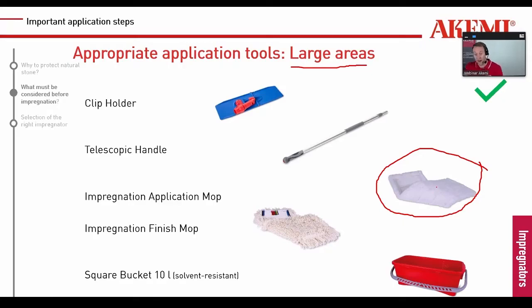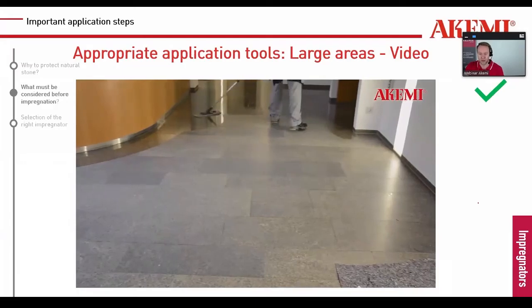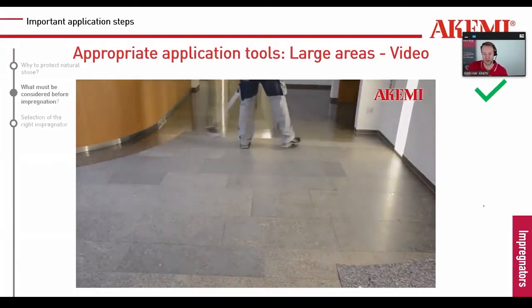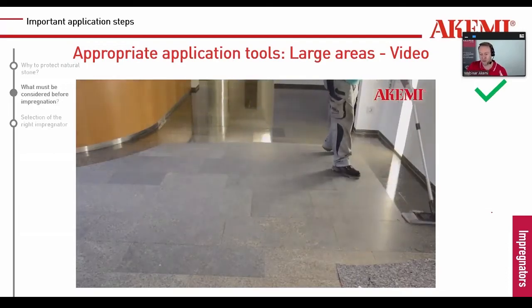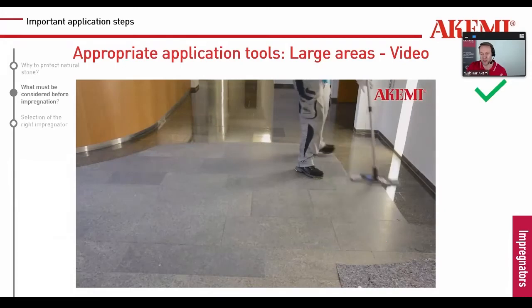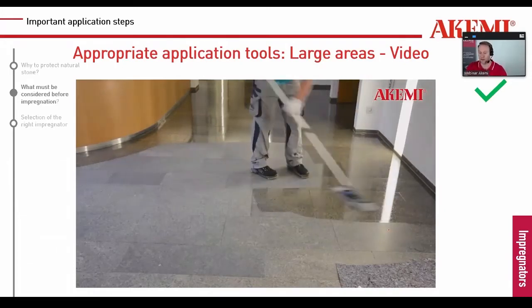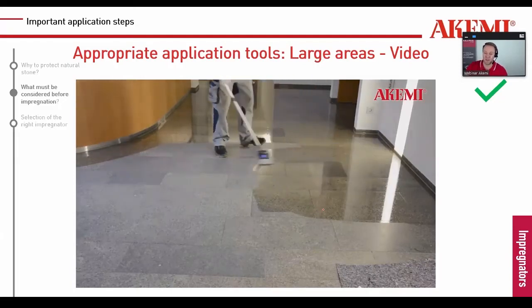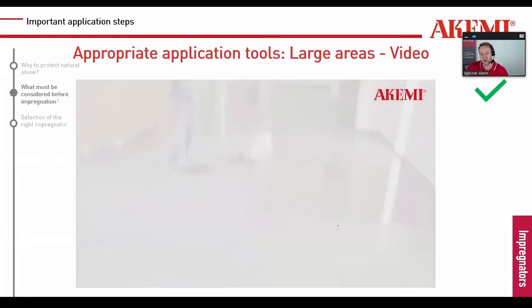And you can see here how fast you can treat a big area and how easy. It brings a lot of material on the surface, very homogeneous, no roller signs, no stripes, no nothing. The microfiber mops we have tested can hold about 500 milliliters of sealer.